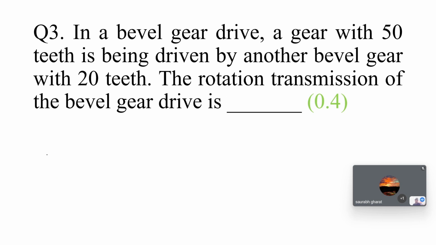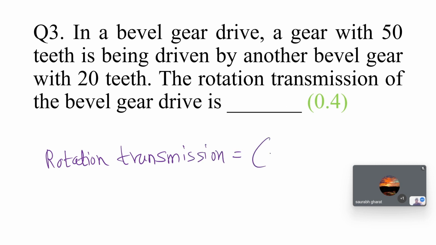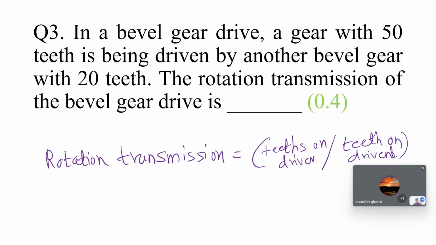So we know the formula for rotation transmission: it is equal to the teeth on the driver divided by the teeth on the driven. So which gear is the driven gear and which is the driver gear?